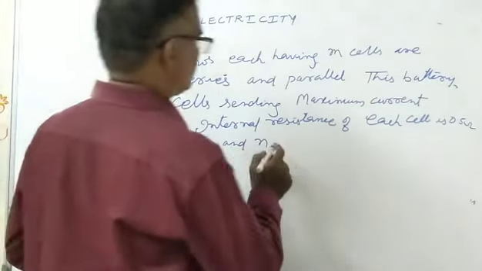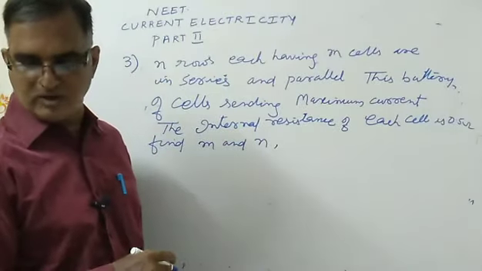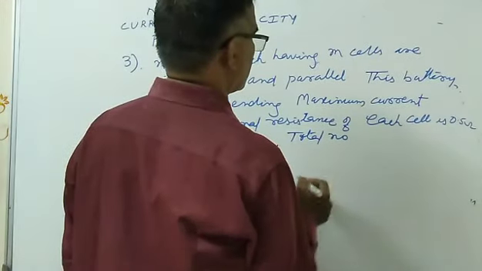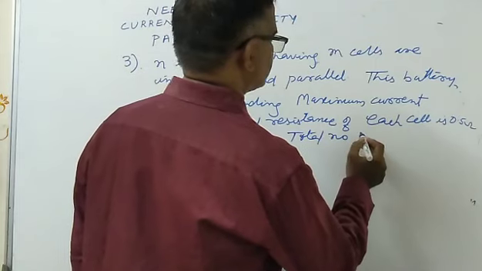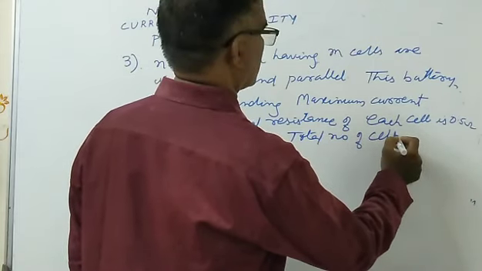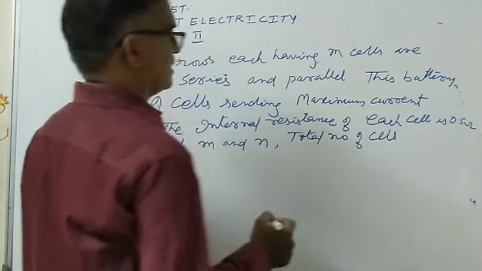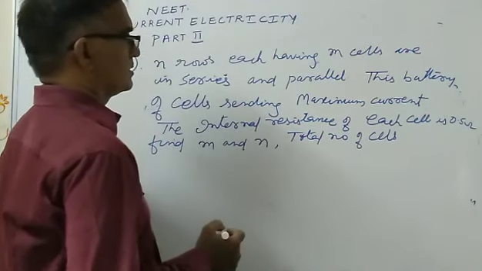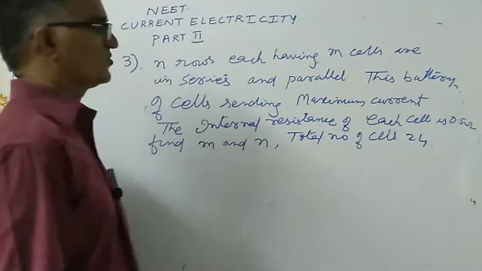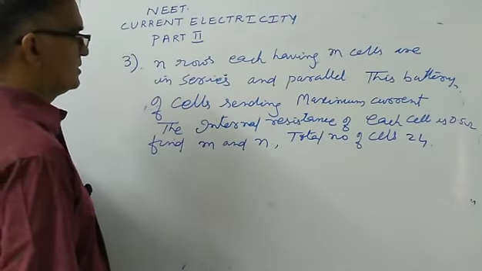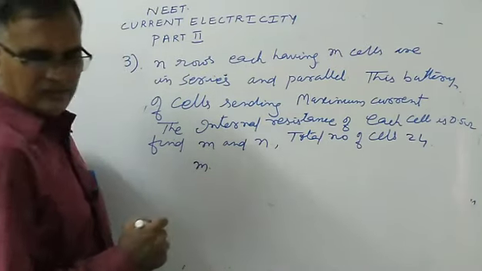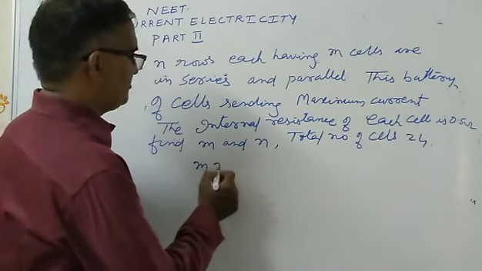There are 24 cells in total, so m into n is 24.